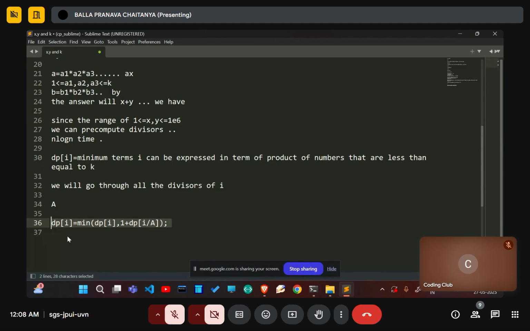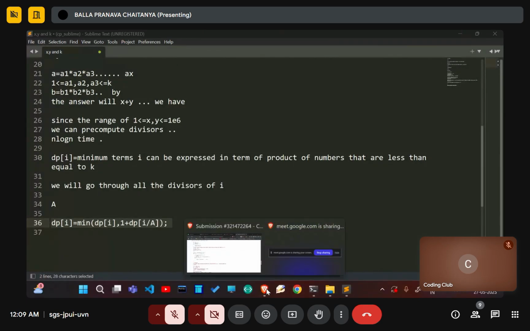The time complexity is going to be close to O of n, because we have pre-computed the divisors, and the rest of the DP calculation, the sum of all divisors, will also always be less than 1e8. So it is going to be solved in around 1e8, as given in the constraints.